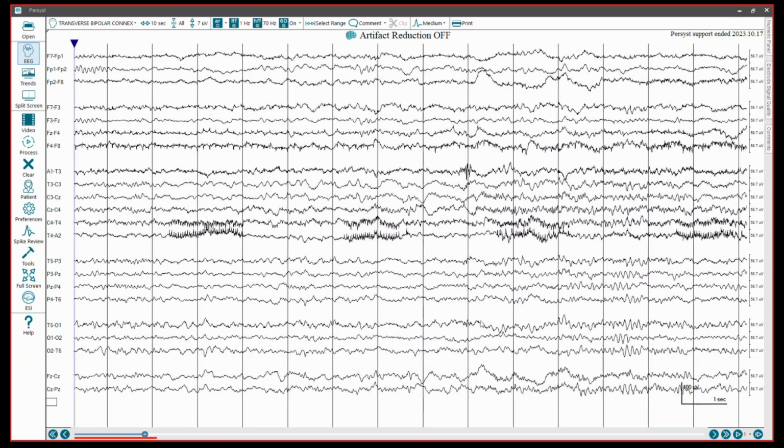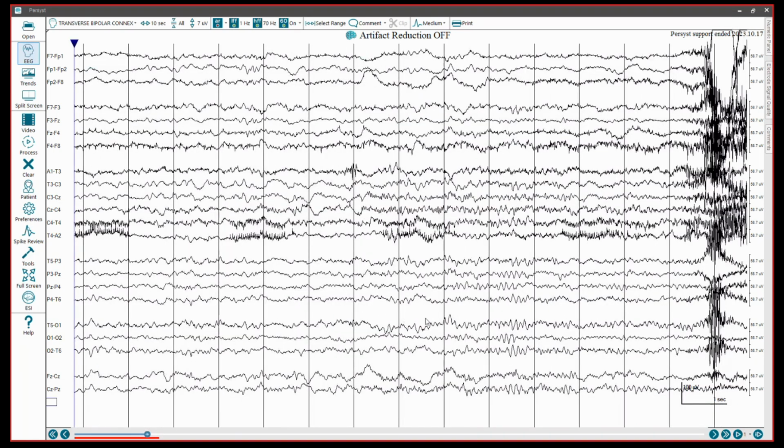And this looks like an arousal starting about right here, maybe right after these sleep spindles. So we have some sleep spindles maybe from here to here, but I do think we have a K complex and then an arousal, and that's typical. It makes sense logically. A K complex is elicited by some type of stimulus.